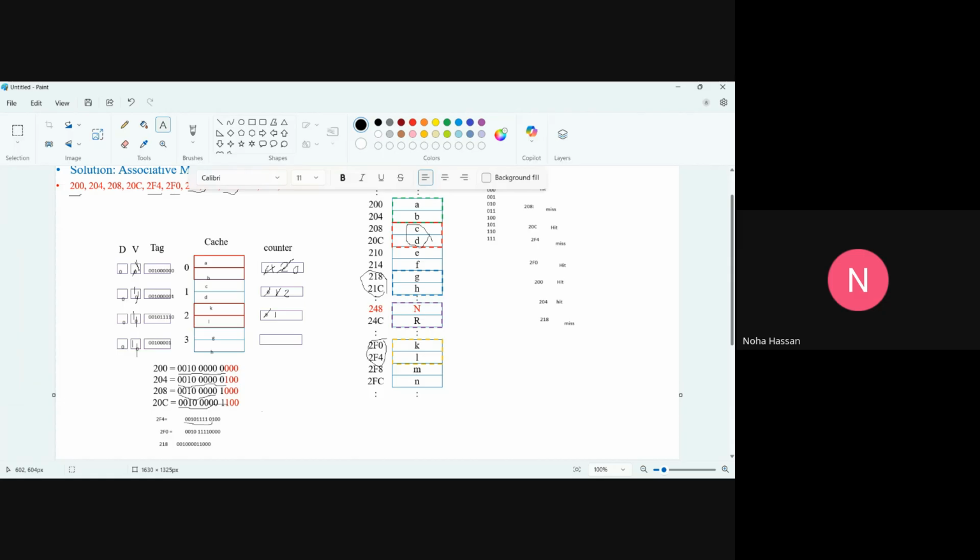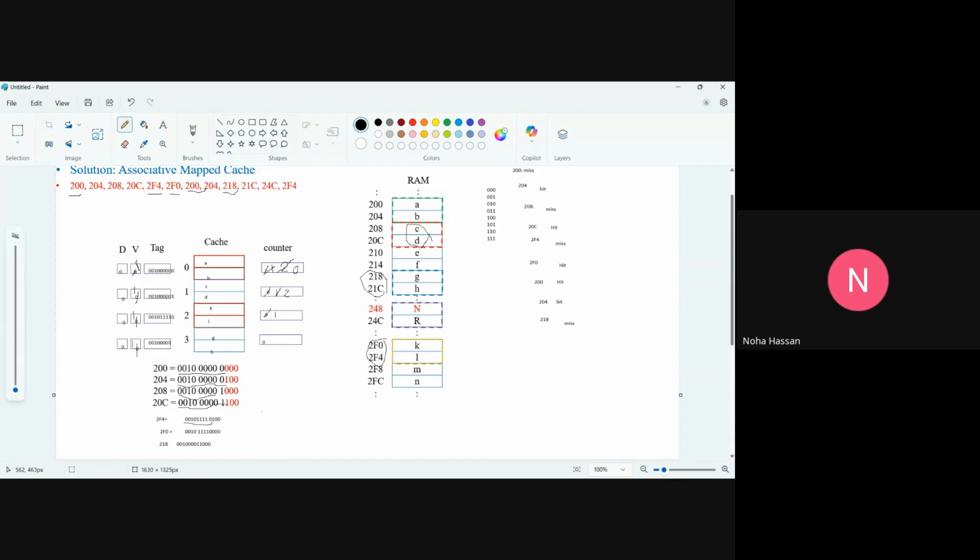Next, how about the counters? This is a miss. We need to implement some changes here to the counters as well. So this is the most recently used, so its counter will be 0. All the other counters have to be incremented by 1.